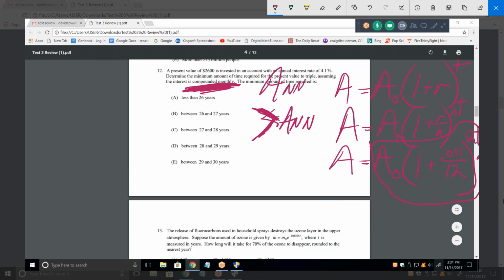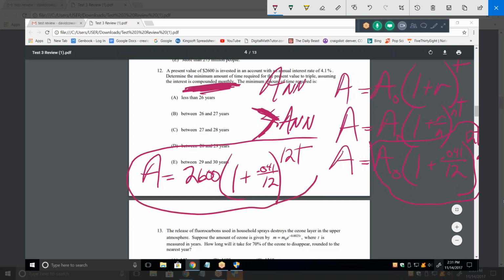Notice that in this equation, the only thing that's a variable is t, because we know A sub 0. So if I say A is equal to 2600, that's A sub 0, times 1 plus 0.041 divided by 12 to the 12t, that's the equation we need to solve.